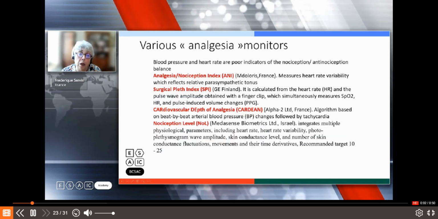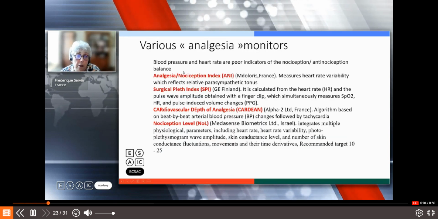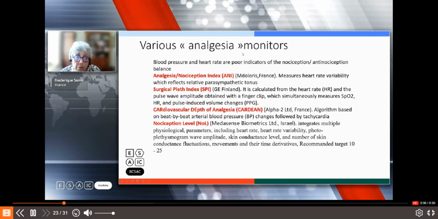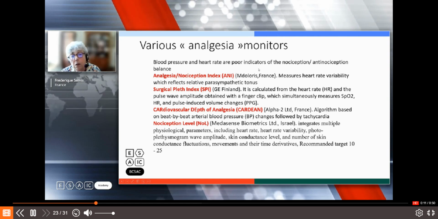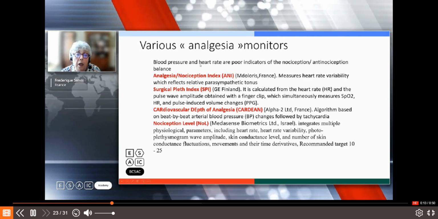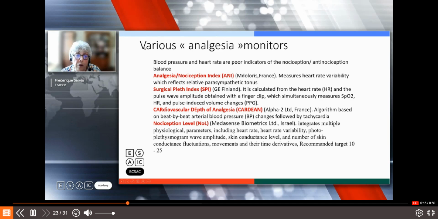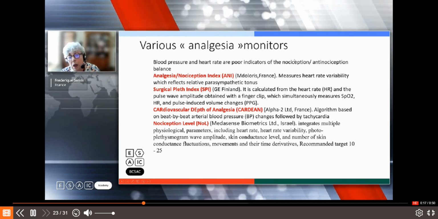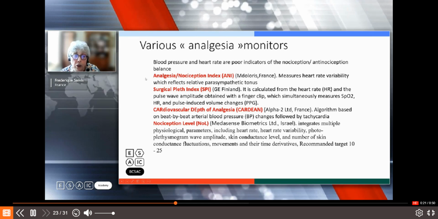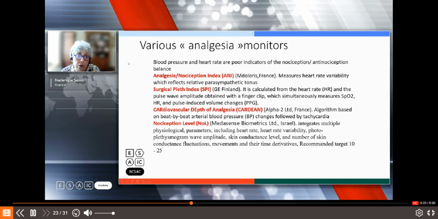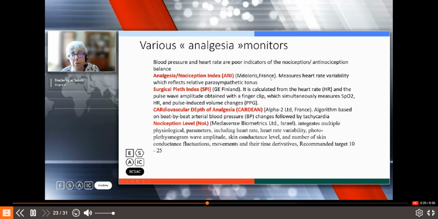Nevertheless, those are fairly impressive assessment of the balance. And so various analgesia monitors have been put on the market to try and measure the nociceptive-antinociceptive balance.